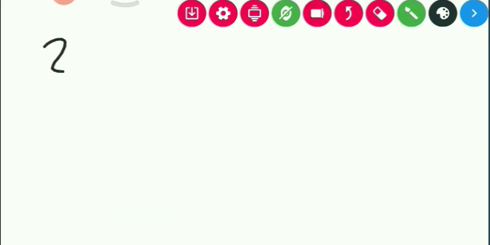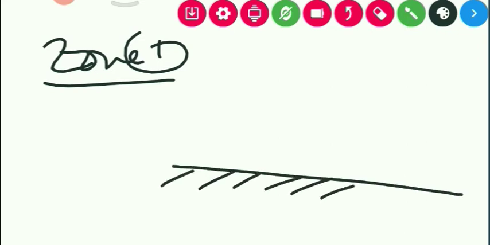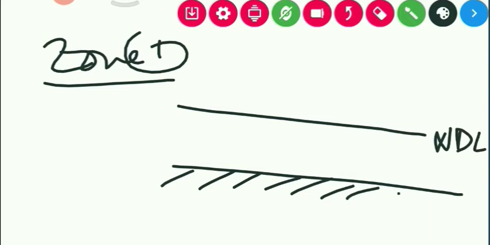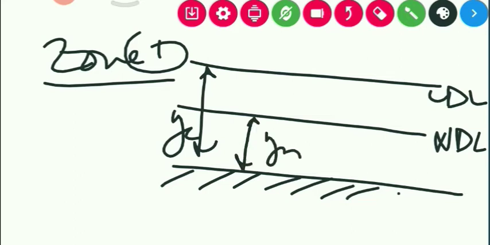If the water surface lies in zone 1, we have this normal depth line yn and this critical depth line yc.